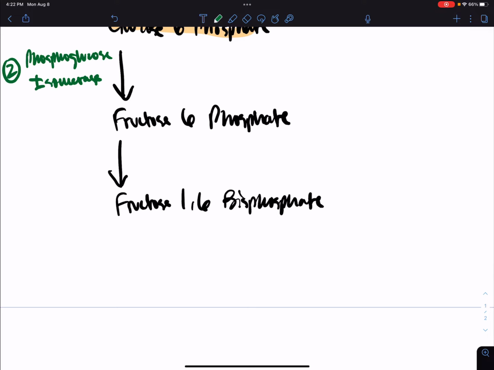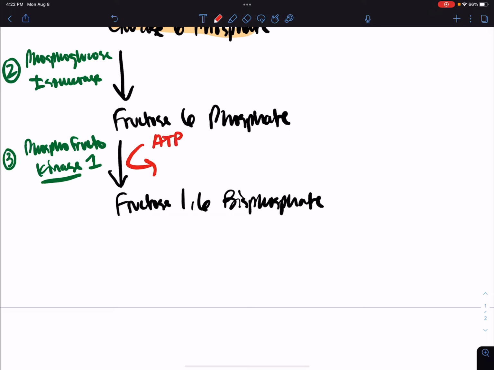This step, number 3, big time step, is phosphofructokinase 1. So a phosphate group is getting torn off of something and put onto this fructose ring. We have an ATP being invested here and an ADP going out, and that phosphate group is torn off the ATP and put on the fructose 1,6-bisphosphate.